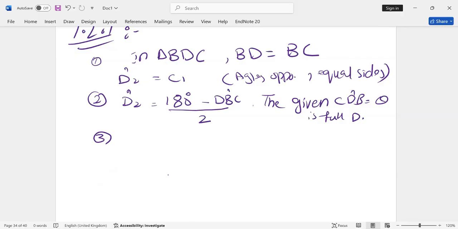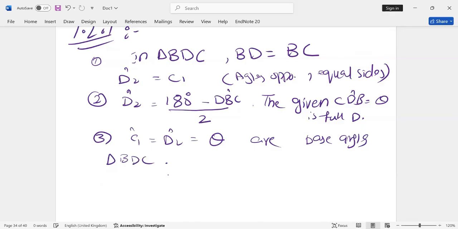So C1 equals D2 equals theta, the base angles of triangle BDC. That is what we have to prove in 7.2.2.